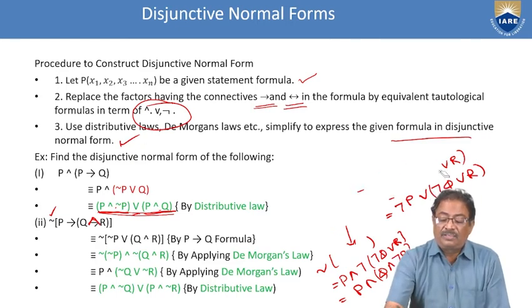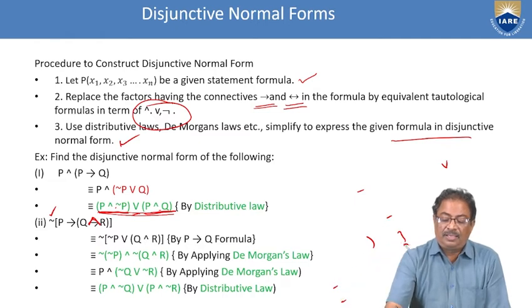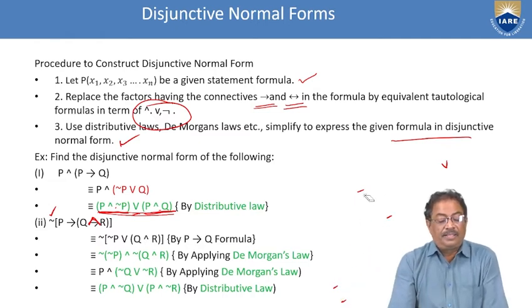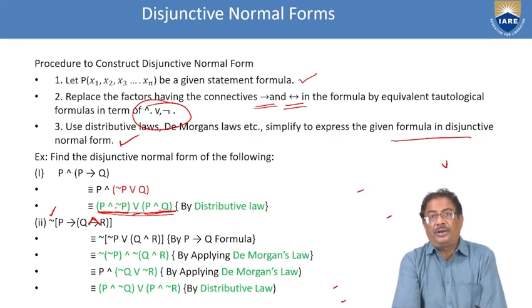It is not twice. We are not going to take any two conditionals. It is simply if P, then Q and R.